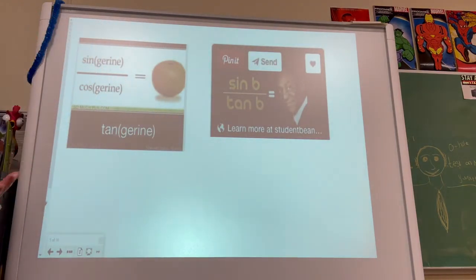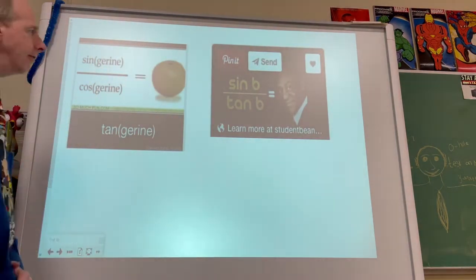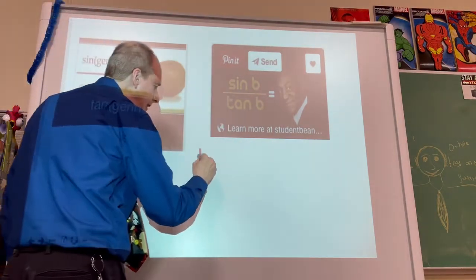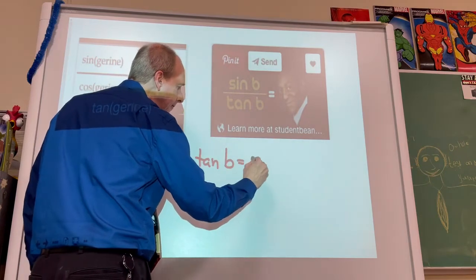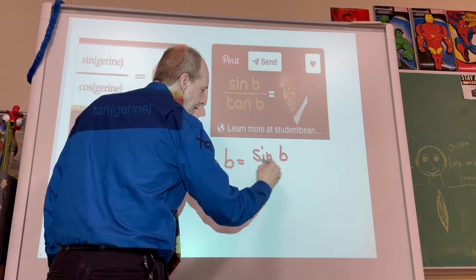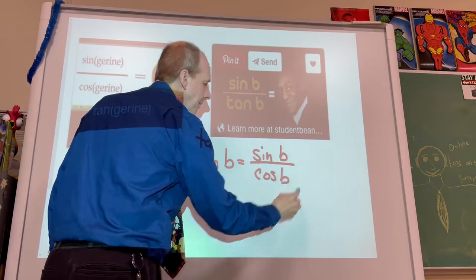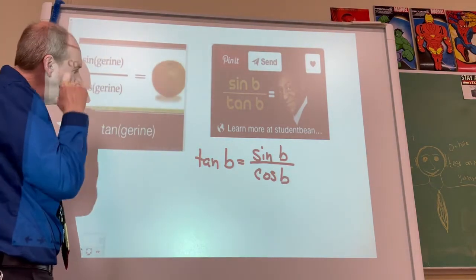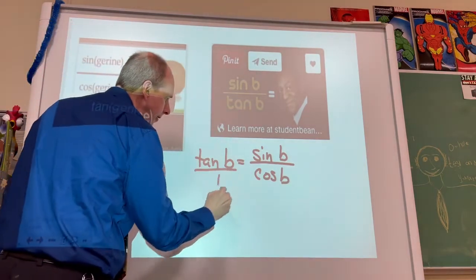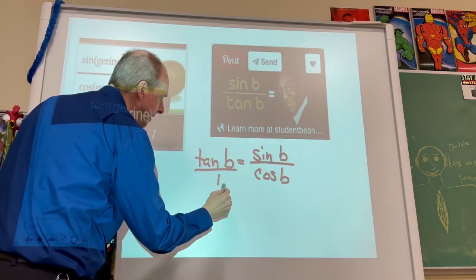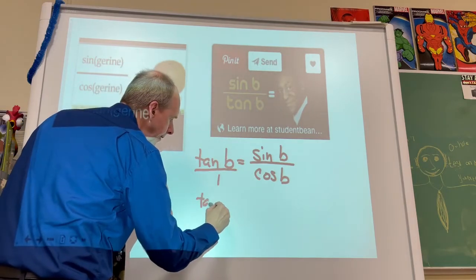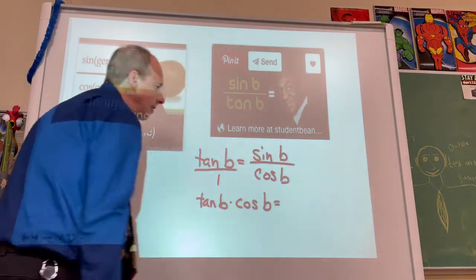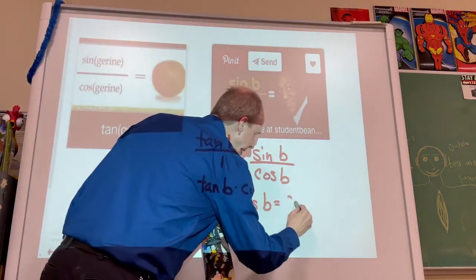And how about this one? Again, nothing you need to write down, just a little funny for us. Sine of b divided by tangent of b. Well, I don't know, but I do know that tangent of some angle is sine divided by cosine. I'm looking for sine divided by tangent. So if I were to cross multiply, tangent of b times cosine of b equals 1 times sine, which would be sine of b.